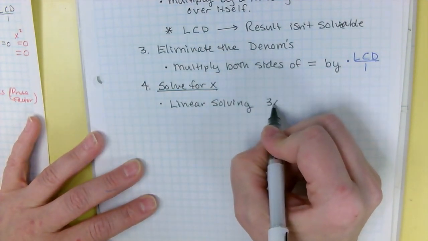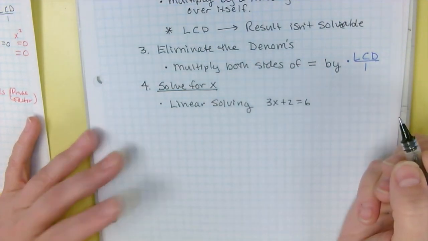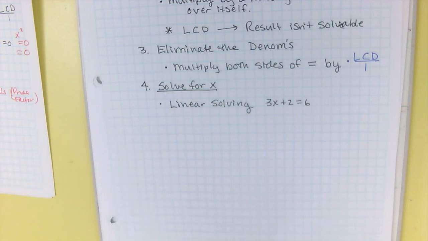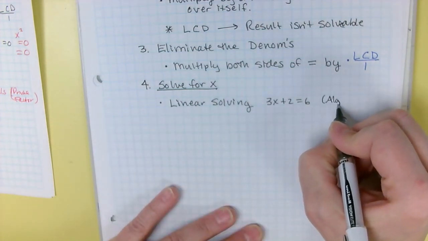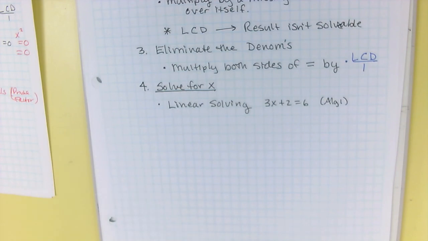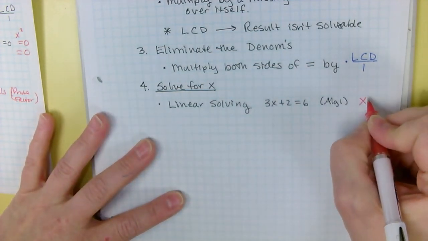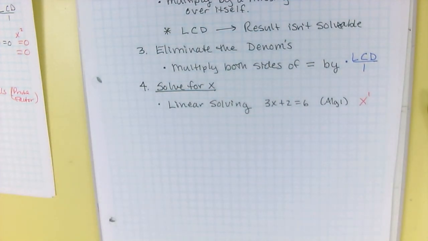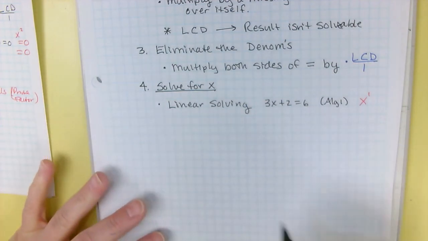That's something like 3x plus 2 equals 6, where you add or subtract x's left, numbers right. This is your Algebra 1 solving. You can spot linear solving because all of the x's will be to the power of 1. If they are single x's like that, then it's linear solving.